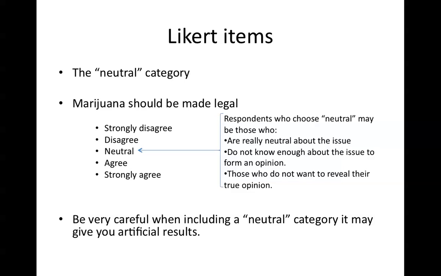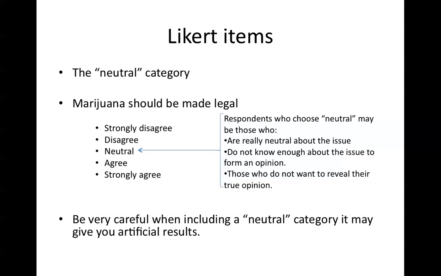So back to the neutral category. The neutral category, like I said, is a take it or leave it category. Now, it's very important to understand why it can be included and not included. For the question "marijuana should be made legal," the people who answer neutral could be a number of types of people, a number of different groups. They could be people who are truly neutral about the issue. They are totally ambivalent about marijuana's legalization in California.